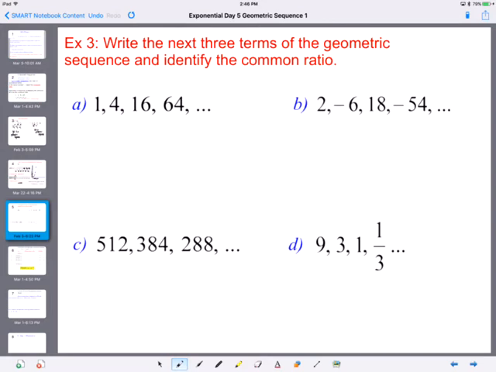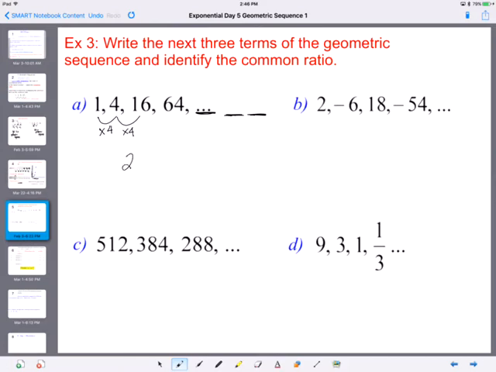So if we write the next three terms of the geometric sequence and identify the common ratio between them: to go from 1 to 4, we multiplied by 4. 4 to 16, we multiplied by 4. So to write our next three terms, we would do 64 times 4.